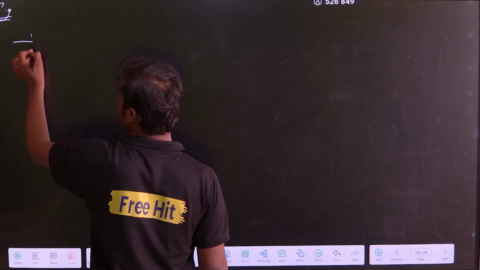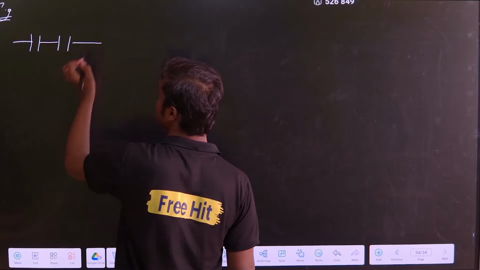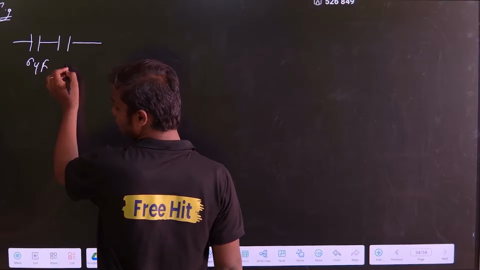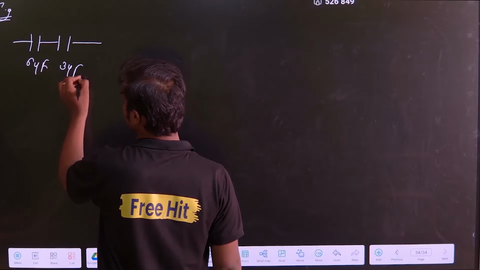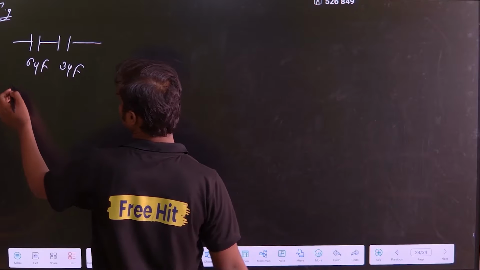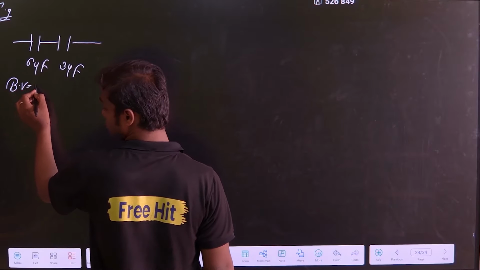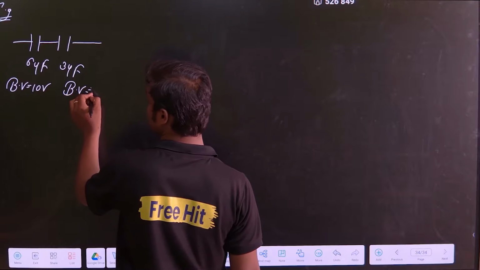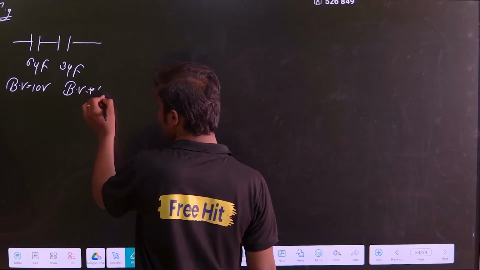Suppose we have two capacitors connected in series, and suppose this is 6 microfarad and this is 3 microfarad. The breakdown voltage, BV, for this is 10 volt, and for this it is 40 volt.